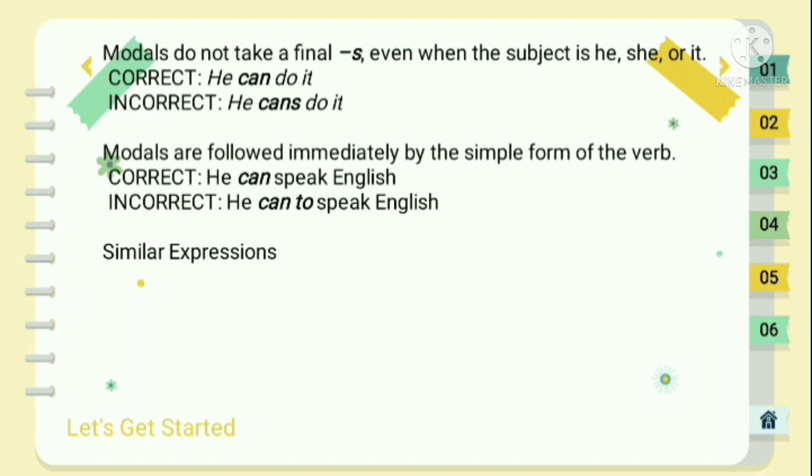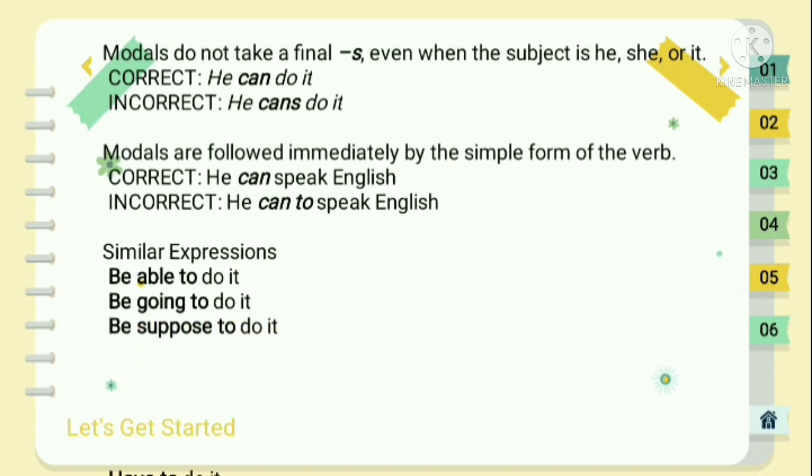The similar expressions of the modal auxiliaries here are be able to do it, be going to do it, be supposed to do it, have to do it, have got to do it. So those expressions are similar to the modals.